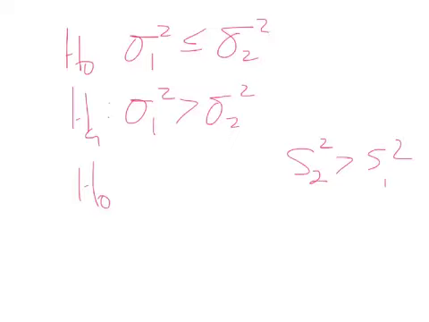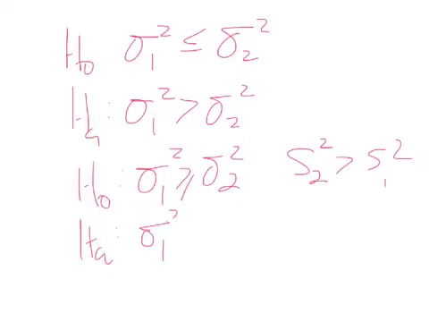H0: sigma 1 squared is greater than or equal to sigma 2 squared. But in our research hypothesis, we'll switch that to sigma 1 squared is actually less than sigma 2 squared.